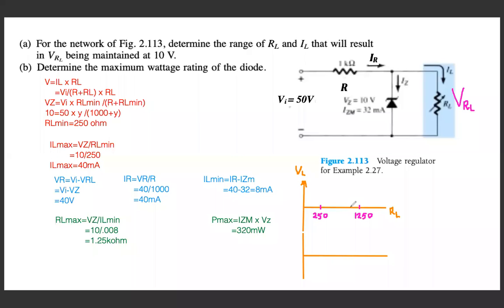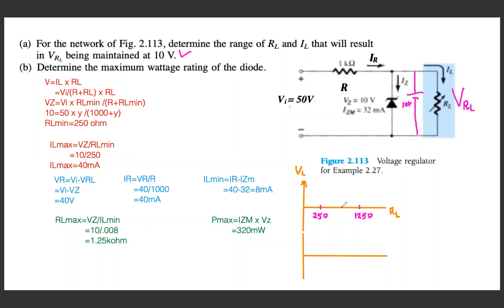On. And if your Zener diode is on, then you can simply replace it with a battery, which is equal to 10 volt. And this 10 volt will be appearing across the load resistance, no matter how much current flows through it. Okay, now this is also given in the problem, that you have to maintain the VRL at 10 volts.